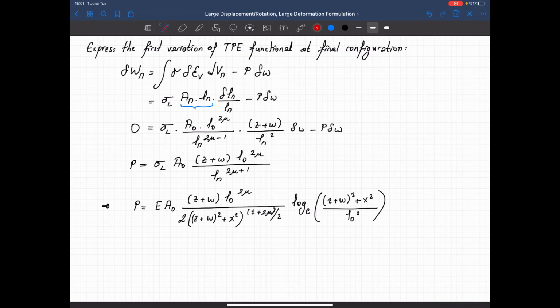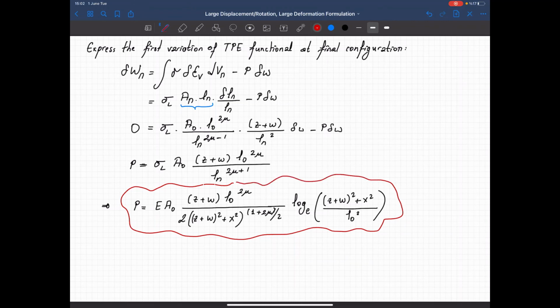So if we consider large deformation as well as the volume change, that's our load deformation curve.